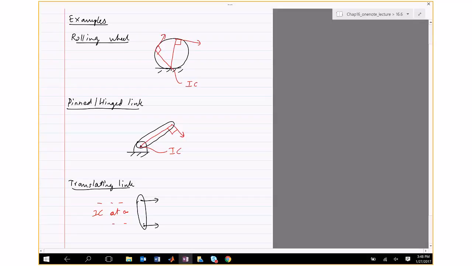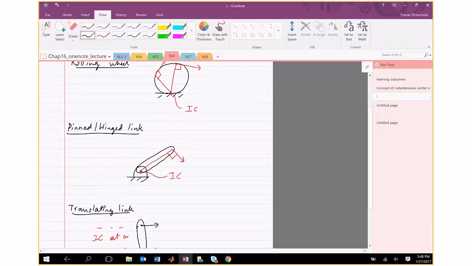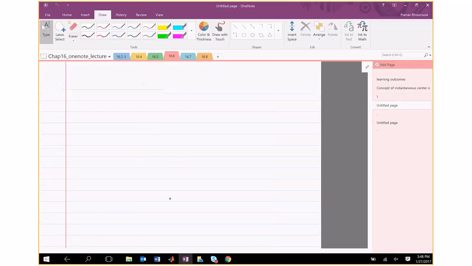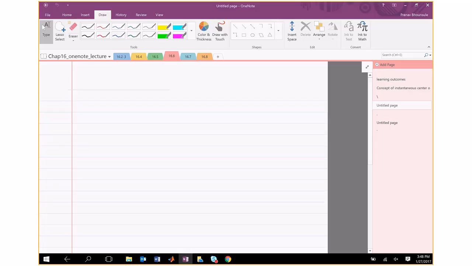Okay, so let me now tell you how to locate the IC for different cases. So locating the IC. Okay, first case.